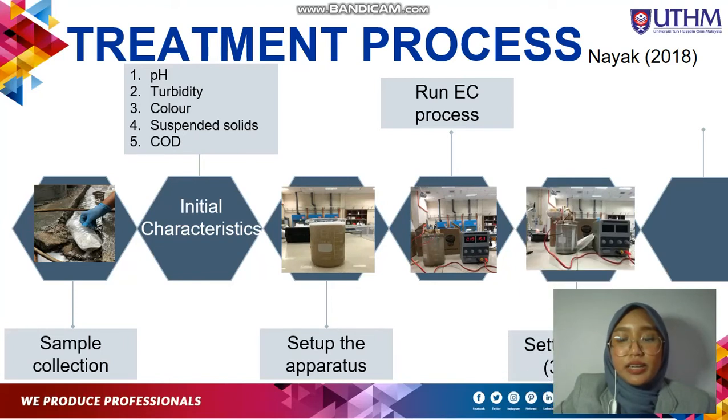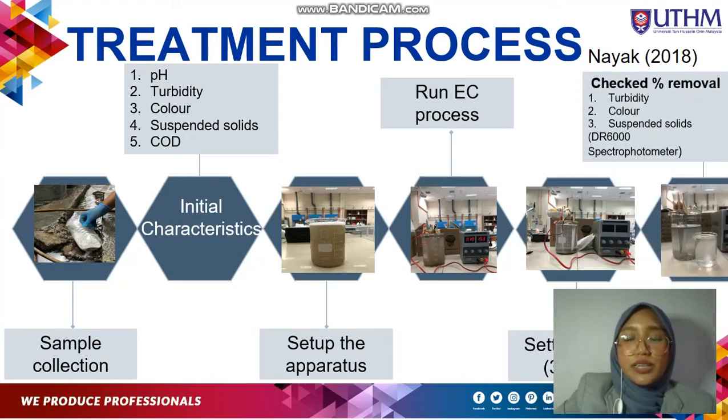Then we let it settle with a settling time of 30 minutes. And we will check the percentage removal of turbidity, color, and suspended solid using the R6000 spectrophotometer. The wastewater will be checked at the center because it has no sludge in between.